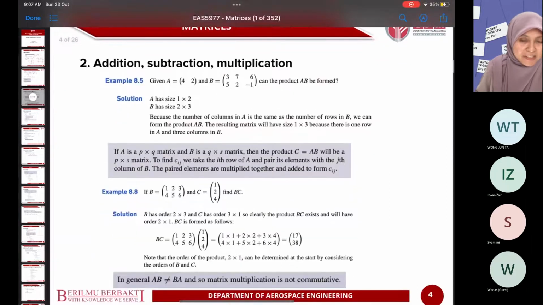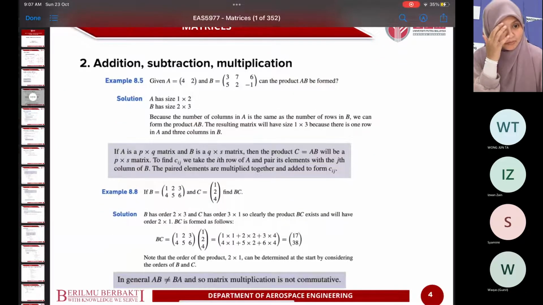Then multiplication. For the product, the rule is a bit different. For example, we have A as 1 times 2 and B as 2 times 3.